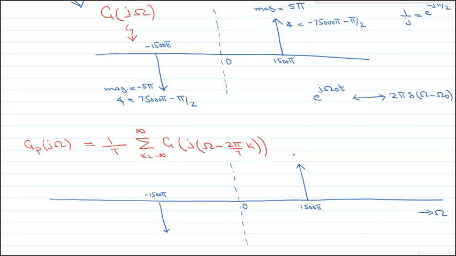The magnitude of this is 5 pi and the phase is minus 75,000 pi minus pi by 2, where minus pi by 2 is due to 1 over j. Similarly, the magnitude here is minus 5 pi and the phase is 75,000 pi minus pi by 2. Okay, so this is due to k equals 0.